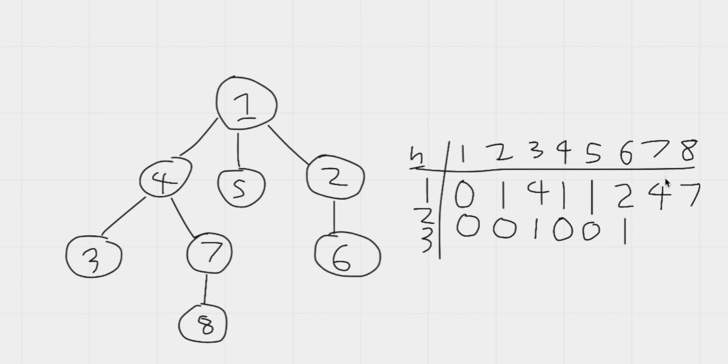For 3, it's the first ancestor of 4, which is again 1. And then the first ancestor of 7 would be 4. Here again. If we want to do the third ancestor, it would just be all zeros except for 8, sorry. Just randomly set a number.